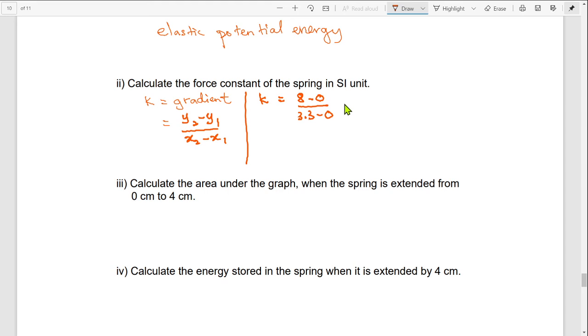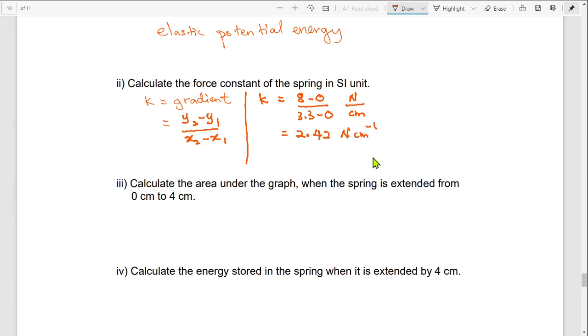My y-axis just now is in Newton and my x-axis is in centimeter. So you do the calculation, you should be able to get 2.42 Newton per centimeter.